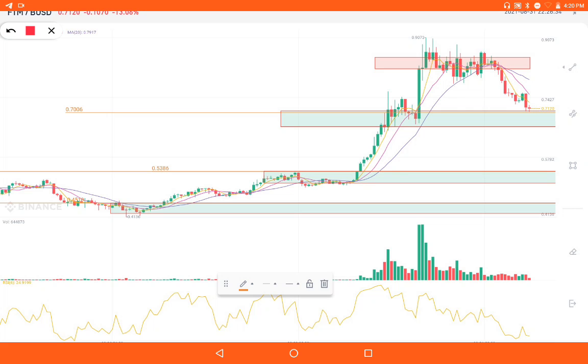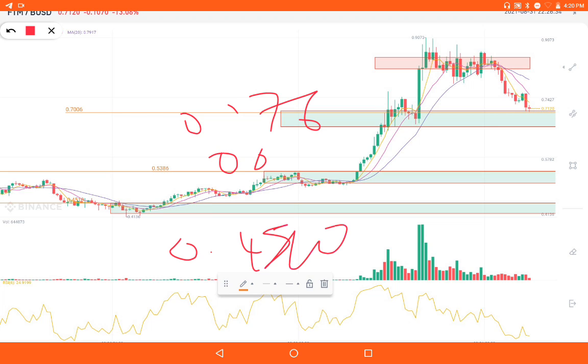What are the areas of possible buy zones? The first point is the zone in which it was trading at the point of record, which is 0.76, and the second point is 0.5386, and the final one is 0.4510.